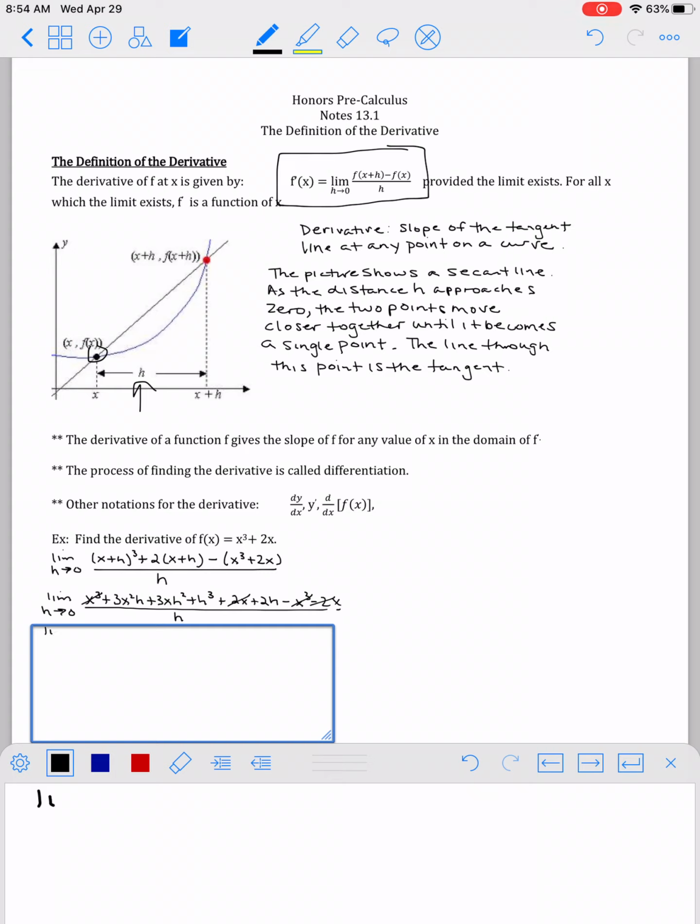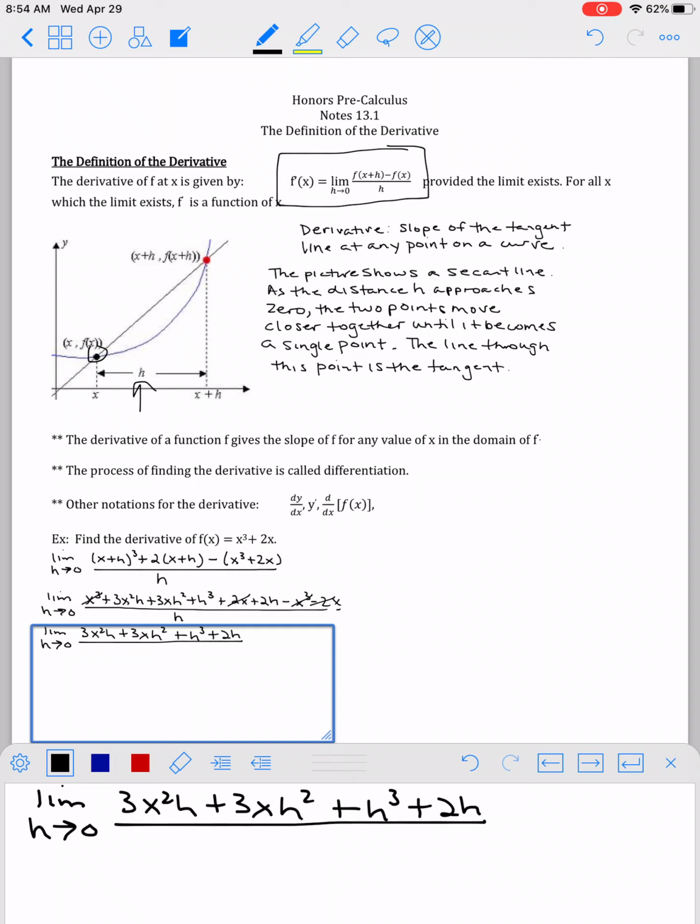Now, limit as h approaches 0. I'm left with 3x squared h plus 3x h squared plus h cubed plus 2h all over h.